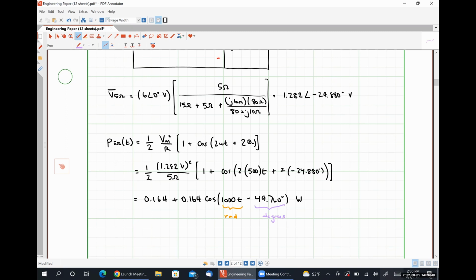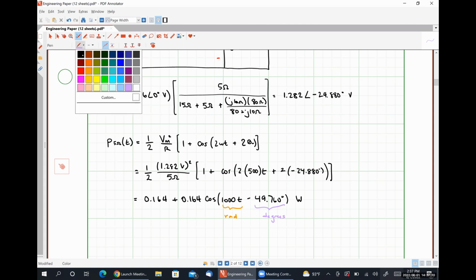So when you put this in your calculator, you would need to either change your phase angle into radians, or change omega multiplied by t from radians to degrees. And the conversion factor for doing that is 180 degrees is equal to pi radians. Okay, so if you were going to throw this in your calculator, you do need to make sure that the units for your angle are consistent here. All right.